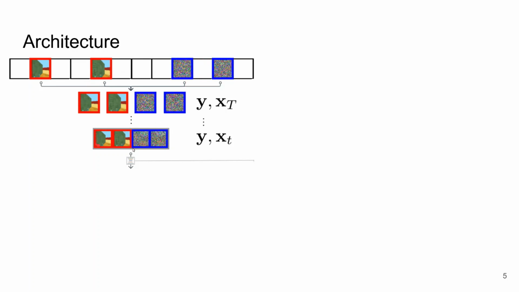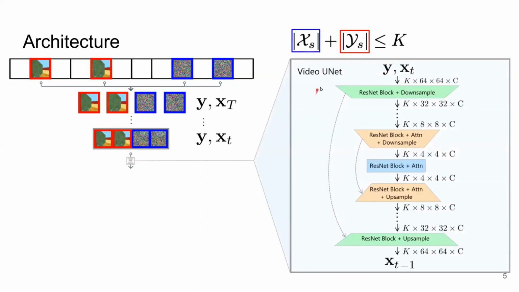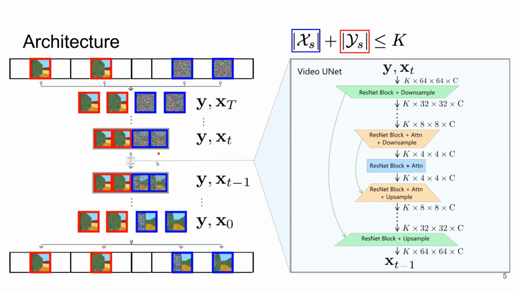You collect these frames together and pass them into this video UNet, which is basically similar to the standard UNet we've seen with this additional K dimension. This K dimension basically represents the upper bound of the amount of input conditioning frames and output sampling frames that you can pass into the model. And so it's going to use these frames to generate the new noise frames, denoise them, and create these new frames based on those previous frames.